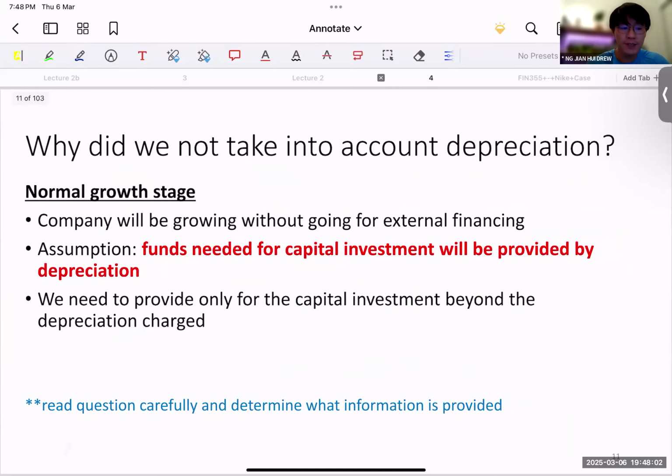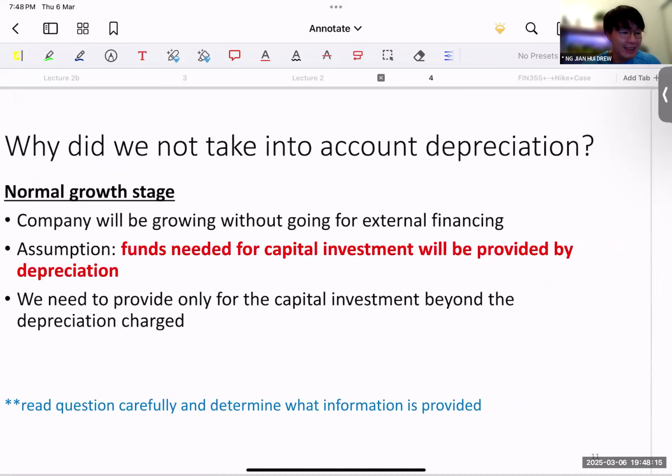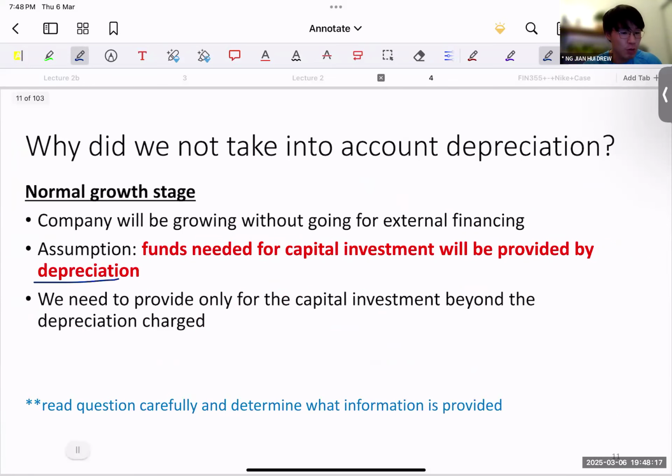Okay. In the normal growth stage, the company can grow without external financing. And so this is correct now. Funds needed for capital investment will be provided by the depreciation amount. So because there is normal growth, whatever capital investment there is would just be the depreciation amount.